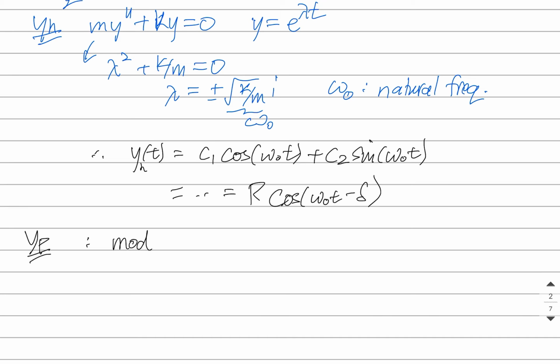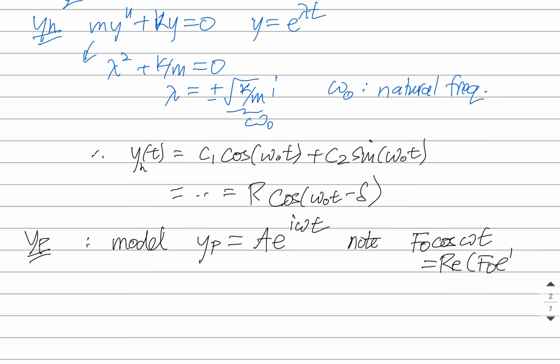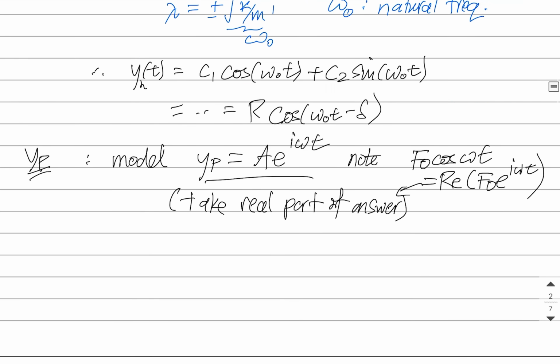Let's model the particular solution with a complex exponential, A times some e to the i omega t, and we'll note that our right-hand side is just the real part of some F naught e to the i omega t. So what we're going to do is use this complex exponential as our particular solution, and then we will take the real part of the answer once we get it, because the driving force is the real part.